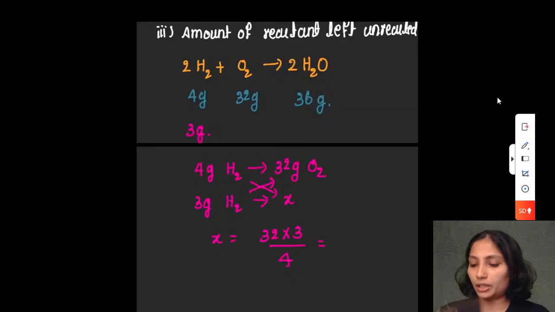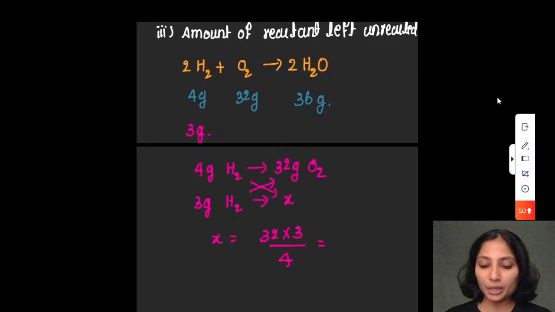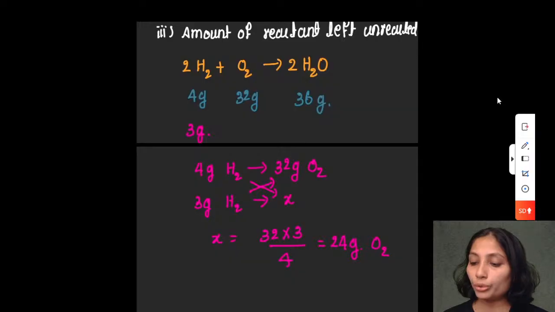Let's check, how much do we get? 32 into 3 divided by 4. Yeah, it's 24. 24 gram of O2 is required.